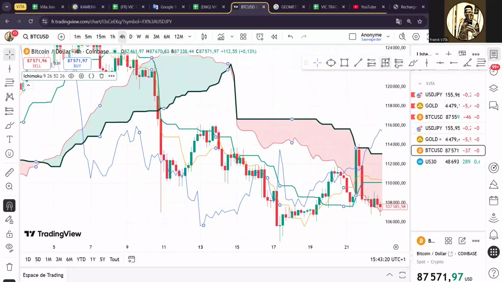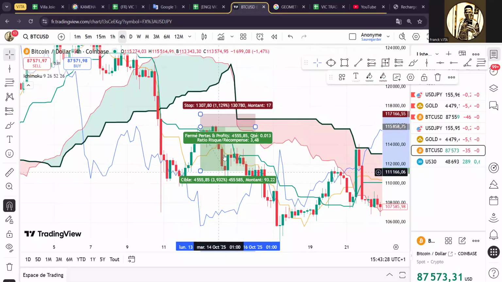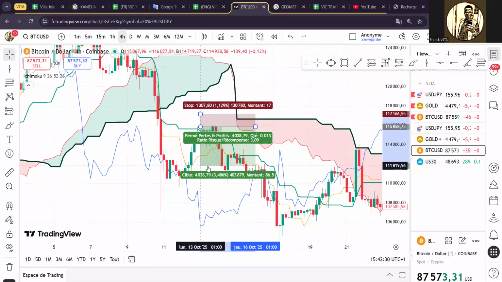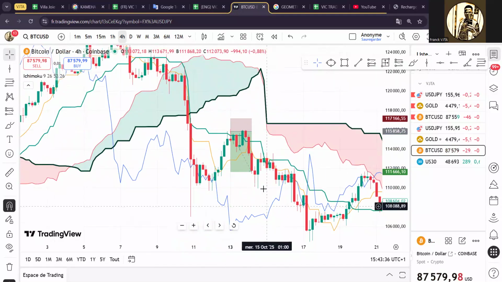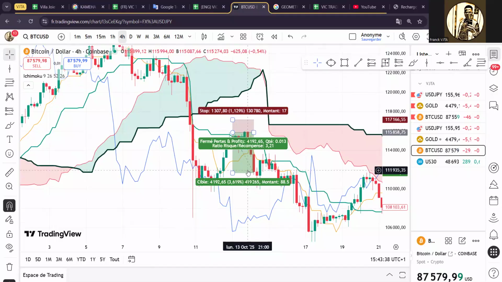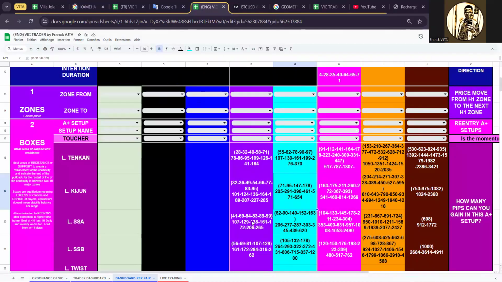You just aim with the Ishimoku, with this tool, like this, 400,000. Let us say you have this Kijun. You place your sell on Kijun like this, and the take profit, this green part, you aim 400,000 like this. This is also a take profit play style without trying to think about any line reversal. You place it based on the data that you gathered.